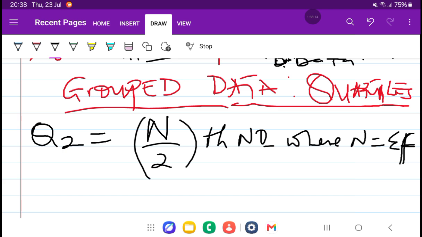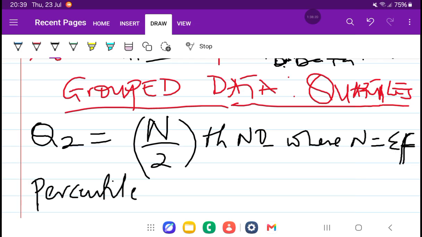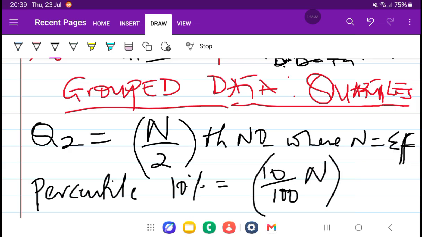If it is percentile, maybe we are looking at the 10th. We are looking at 10%. It will be 10 out of 100 times n, and this n is our frequency, and this gives you a number.